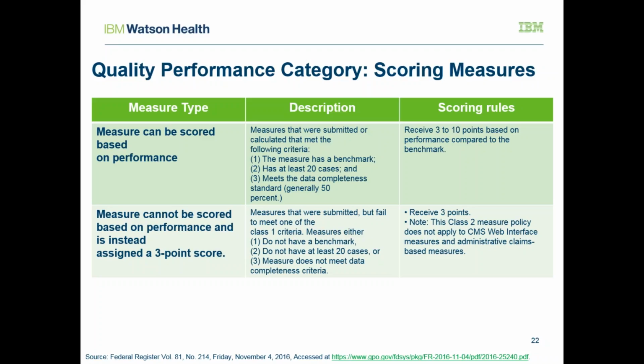You don't have at least those 20 Medicare patient cases, or that measure does not meet that data completeness criteria. Then instead of penalizing you for at least trying to report, CMS will give you those 3 points. So I don't know if that answers your question, and again, please let me know if it doesn't, but I do have it referenced.